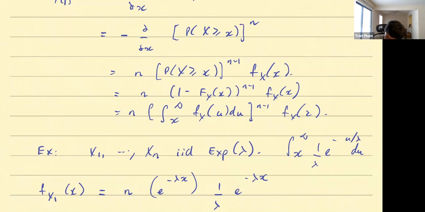So e to minus x over lambda, raised to n minus 1. And sorry, right, here's x over lambda. I quoted the wrong density.